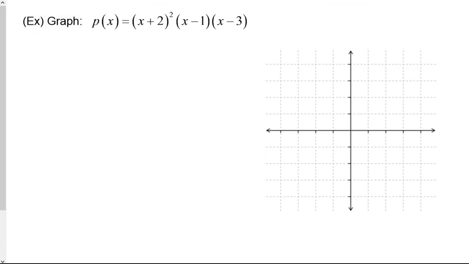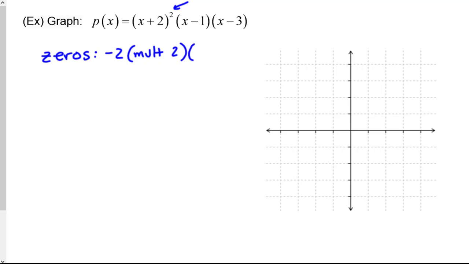So p of x equals x plus 2 quantity squared times x minus 1 times x minus 3. Now this is in factored form just because it's easier to identify the zeros. So it's going to be negative 2, but it's multiplicity 2 because the square right here tells me that factor occurs twice, so that's a 0 of multiplicity 2.